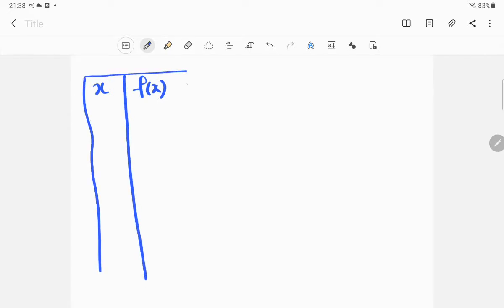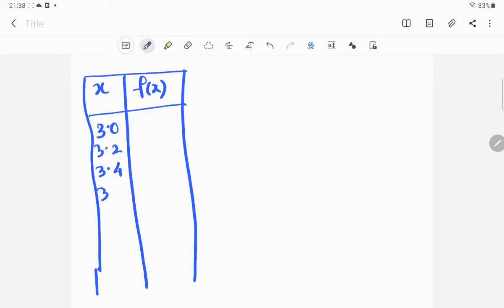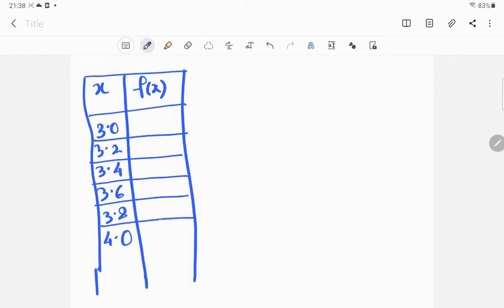We have one column for x, another column for fx, and then we have 3.0, 3.2, 3.4, 3.6, 3.8, and 4.0.